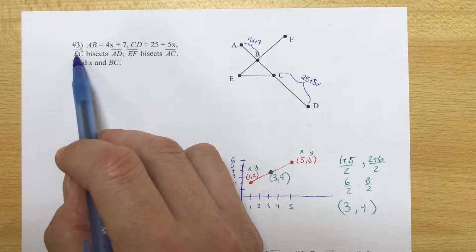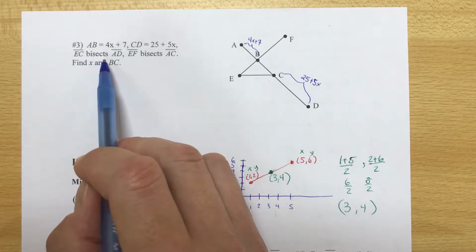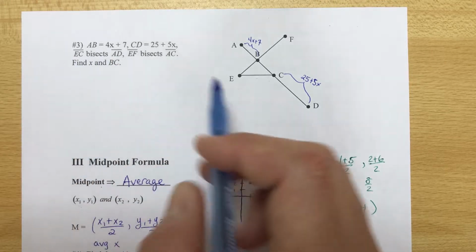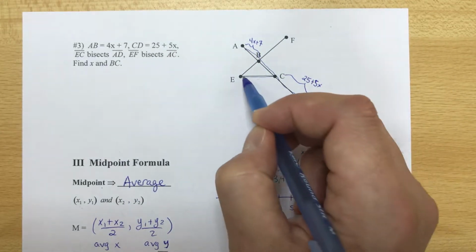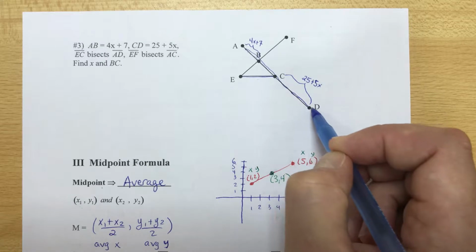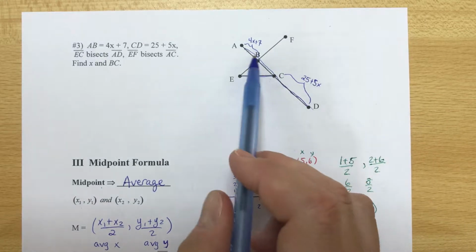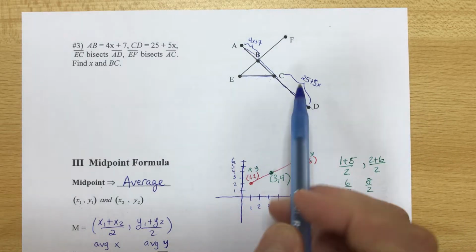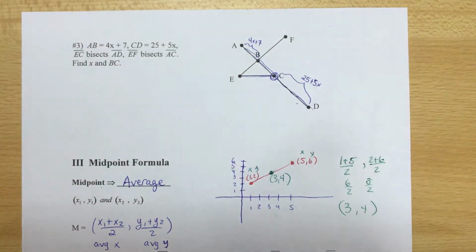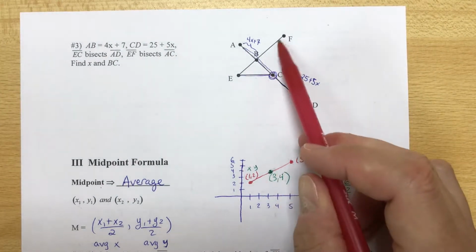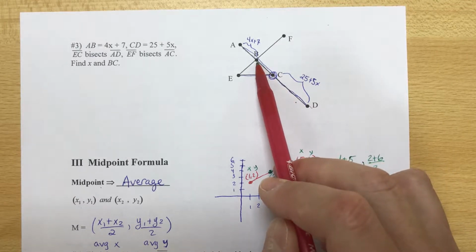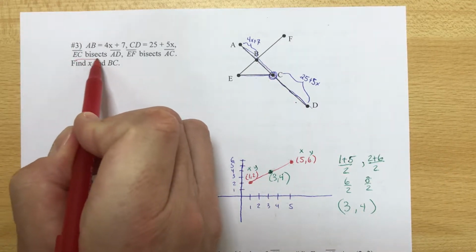Now they say segment EC bisects segment AD. Here's EC, here's AD. EC bisects this segment at C, right there. Now this is important to understand. This segment EF, this point B, has nothing to do with this statement right here.